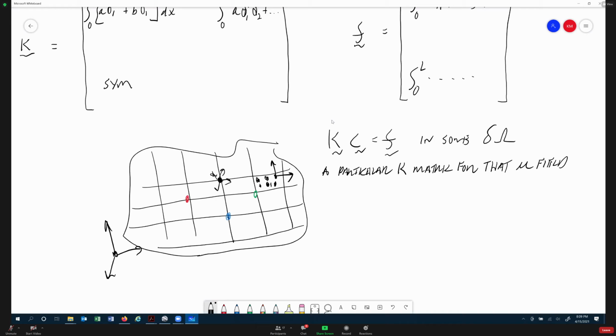So just because we have a solution here and we've done this K matrix inversion and we say, yeah, we figured out what C is, at that point we still have to do the math to map it back to our global coordinate system. So there's a lot of steps in this that are very, very time consuming. And I think we take for granted what's going on behind the scenes when we're doing this FE approach.